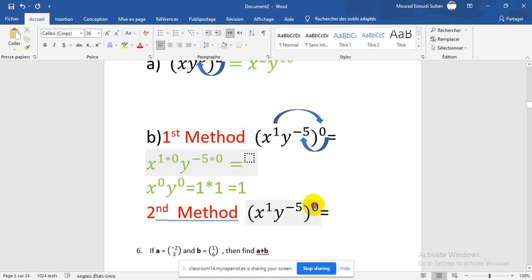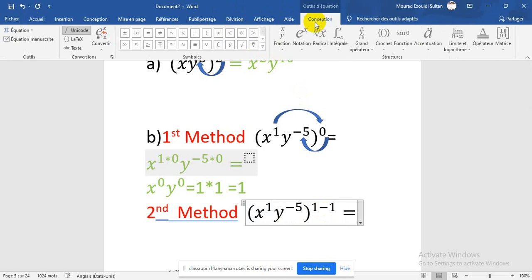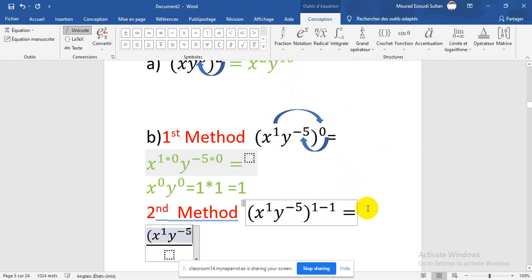Then you already know that this is equal to, I will use the fraction, this one divided by itself.